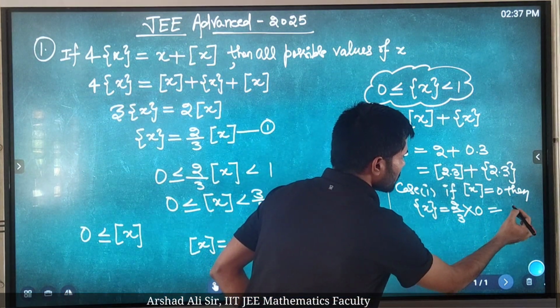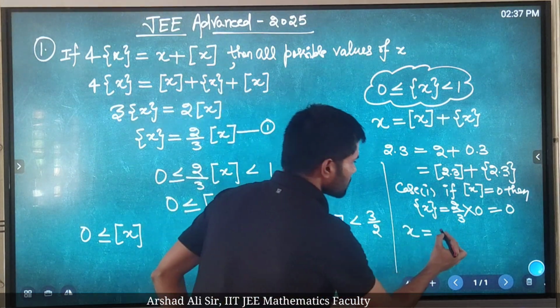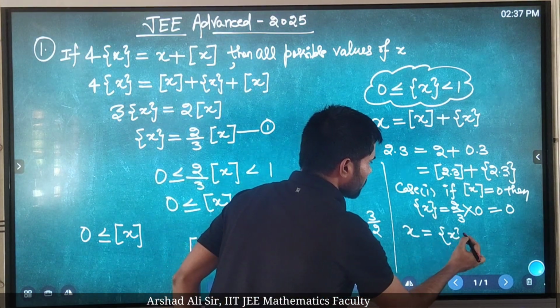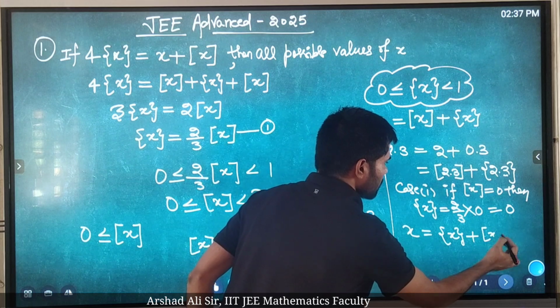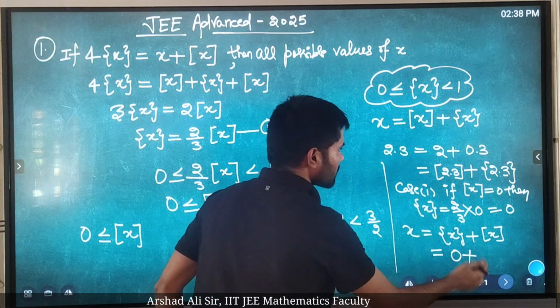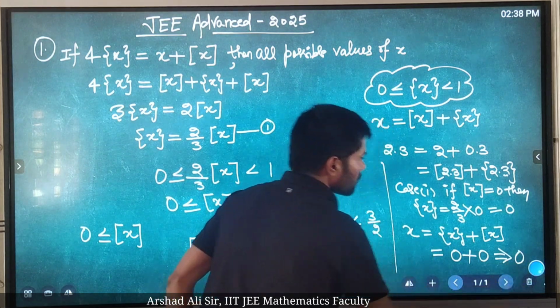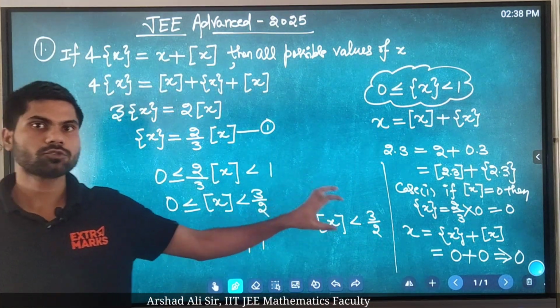So finally we got 0, but we have to find all possible values of x. So x is the fractional part of x plus the greatest integer of x. The fractional part is 0 and the greatest integer is 0, so 0 plus 0 is 0. It is one of the values of x.